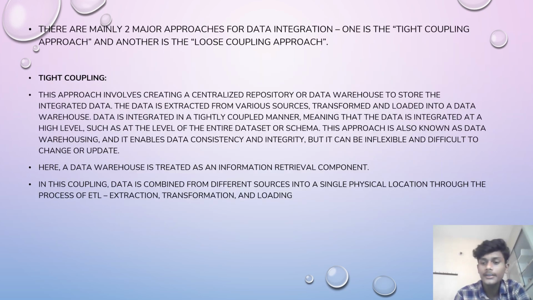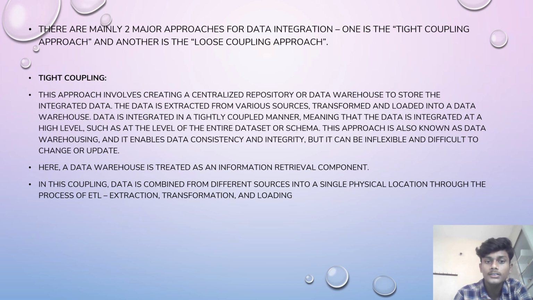Now in data integration, there are mainly two approaches. One is the tight coupling approach and the other is the loose coupling approach. In this slide we see the tight coupling approach. This approach involves creating a centralized repository or data warehouse to store the integrated data. The data is extracted from the various sources, transformed, and loaded into the data warehouse.